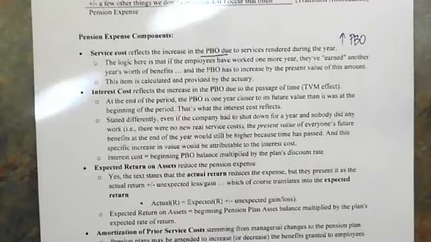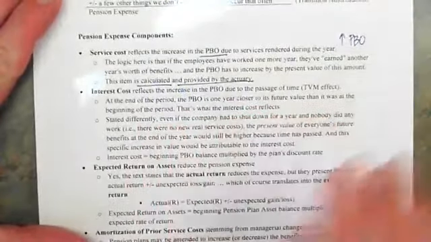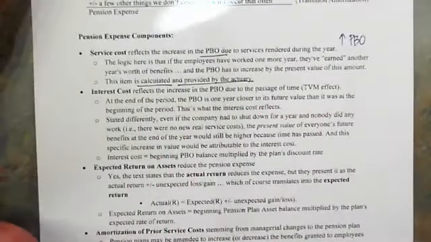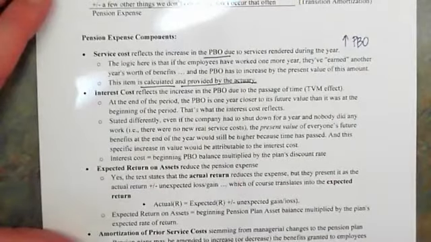They do affect the balance of those accounts. So if employees have worked for me another year, they've earned another year's worth of benefits. That means that my obligation has to increase by that amount. And again, this is going to be something calculated and provided by the actuary. You don't have to sweat it, but you do have to know what to do with it.